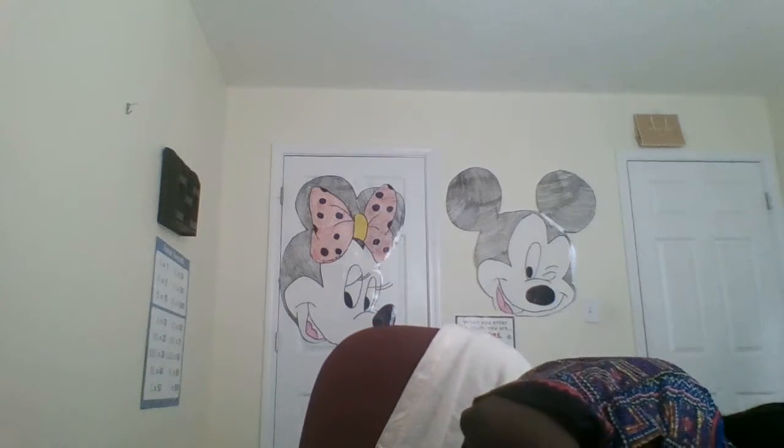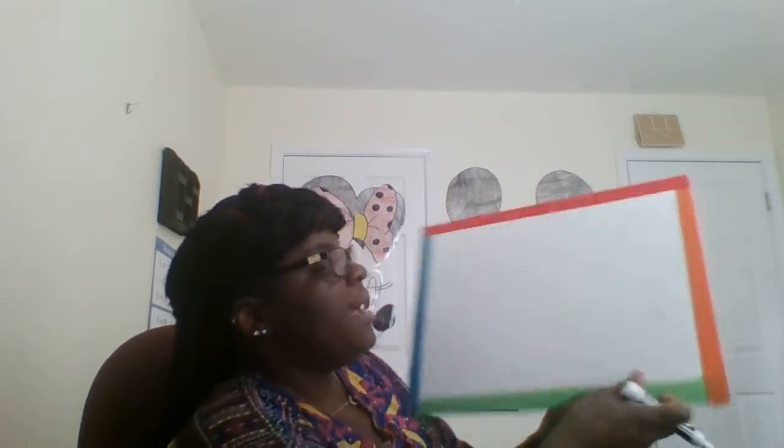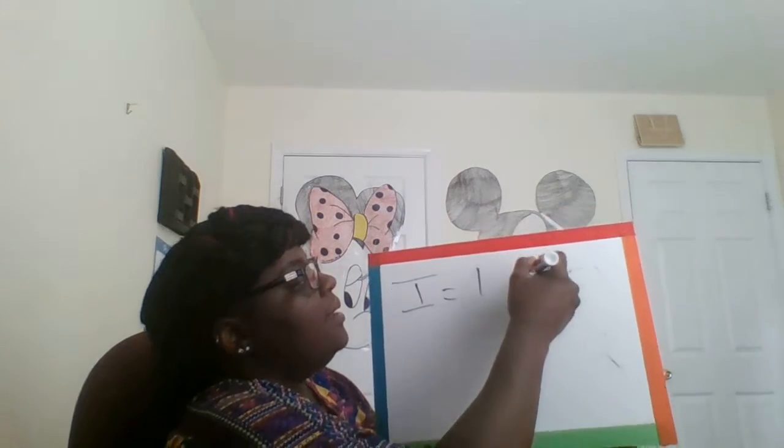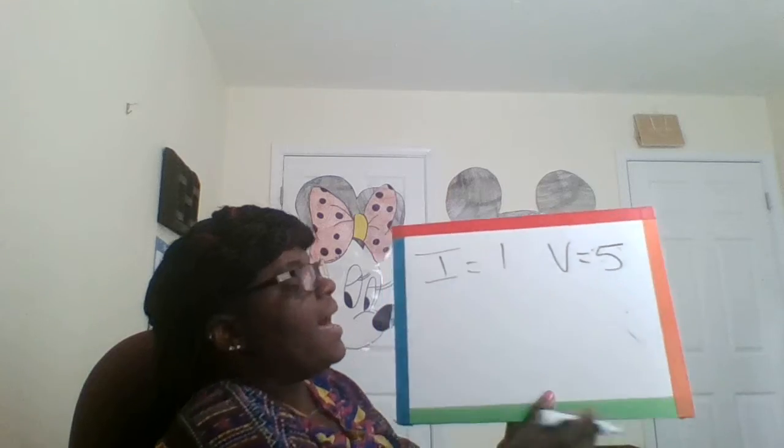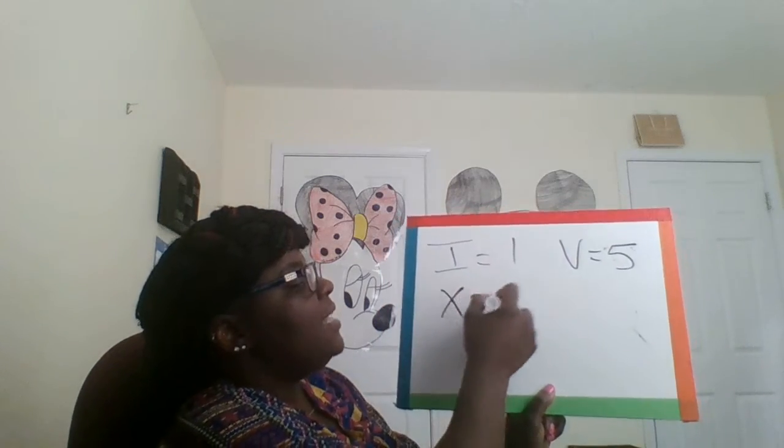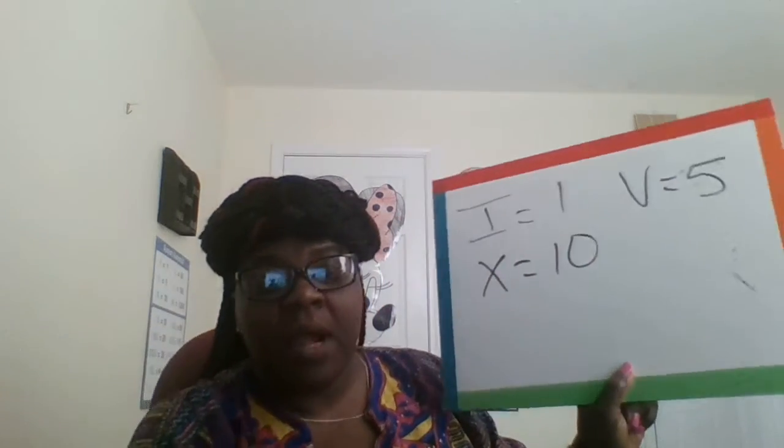All right. Number 4, you're going to draw lines to match your Roman numerals to your numeric numerals. You have to remember your Roman numerals. All right, so we know that I equals 1, V equals 5, X equals 10, all right?